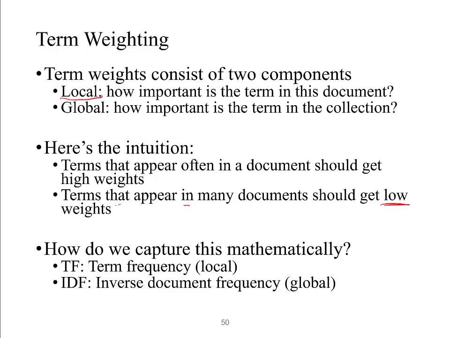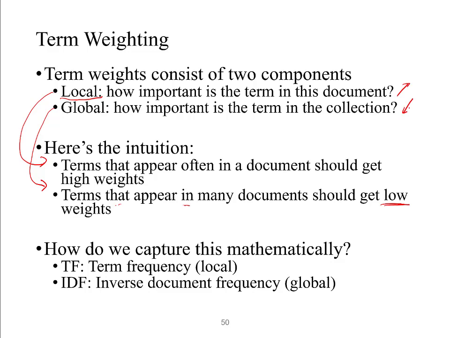The local weight corresponds to the first intuition. It measures how important the term is in this specific document. And the global weight is how important the term is in the collection. So we want local weights to be high and global weights to be low.